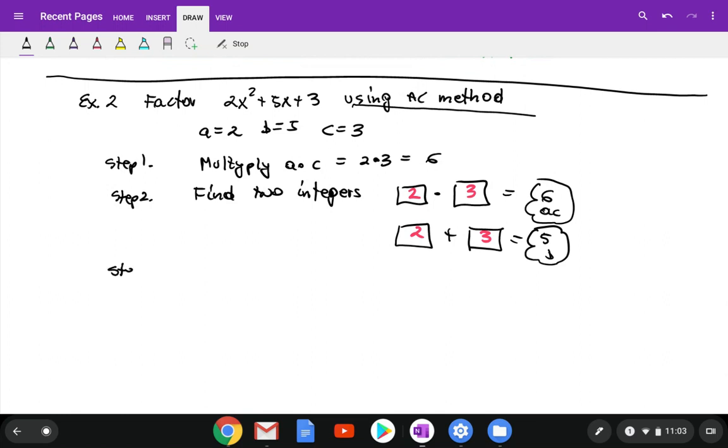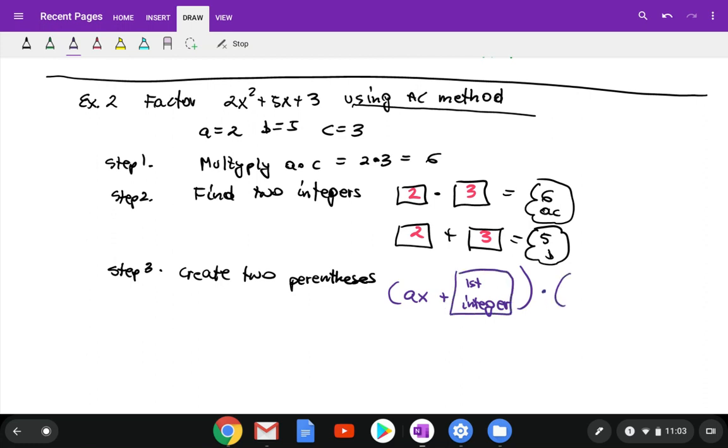Step 3. Create two parentheses, two factors. Again, ax plus first integer times ax plus second integer.